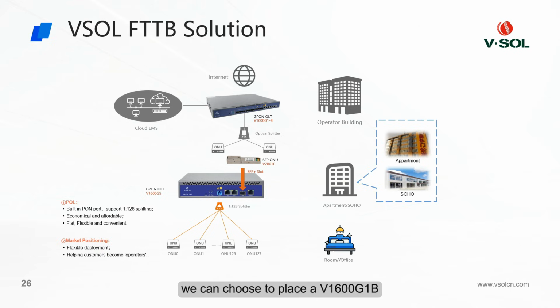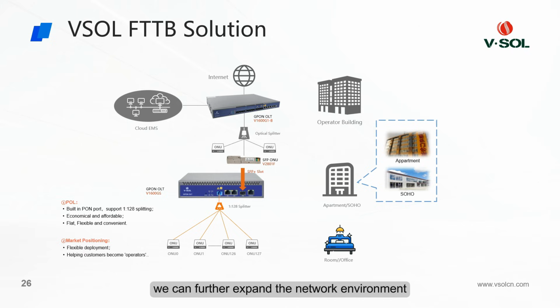We can choose to place a V1600G1B in the building's data center, with a maximum support of 128 splitters and 1 ONU per fiber optic cable reaching the room. For rooms with low business requirements, we can choose to connect to HG323DAC ONU, which can provide customers with basic network and Wi-Fi coverage needs.